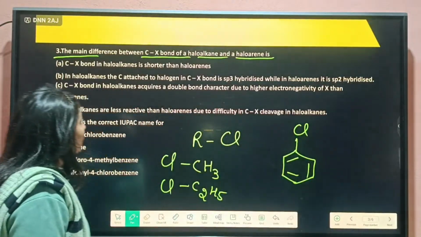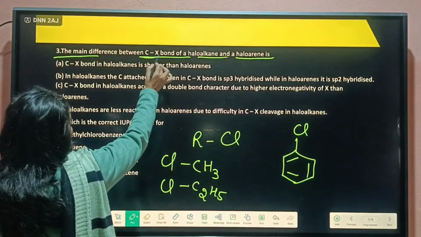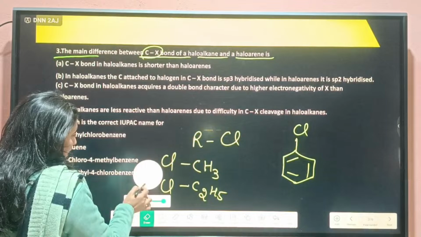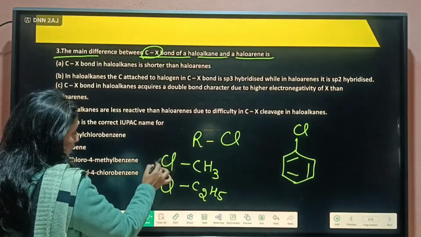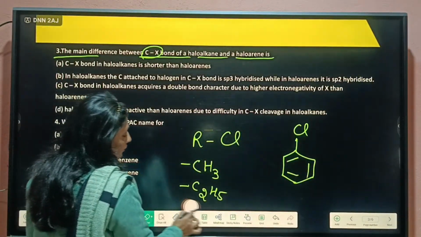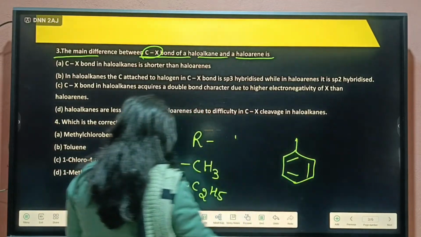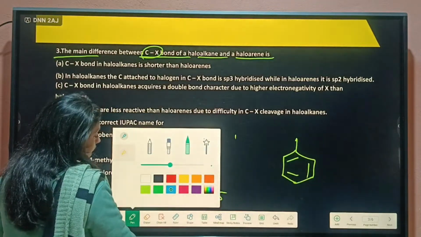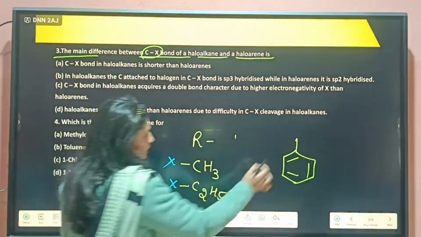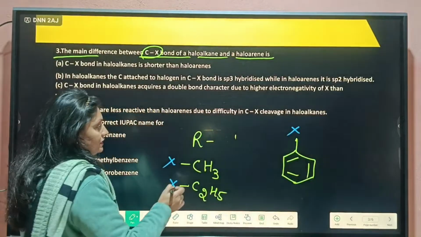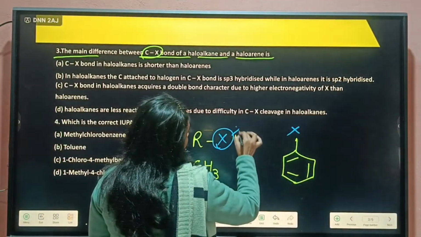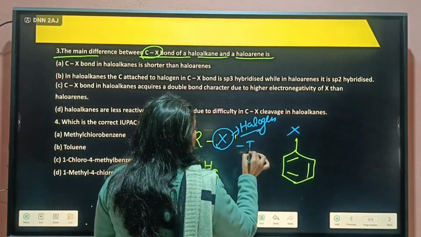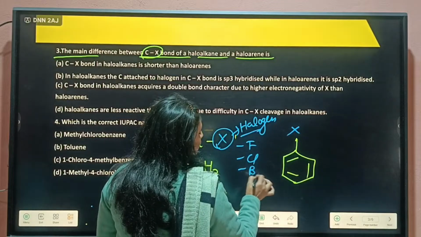This is chlorobenzene. The main difference between the CX bond, X means any halogen. Here I am having chlorine, but you can have any halogen, maybe fluoro, chloro, bromo, iodo.